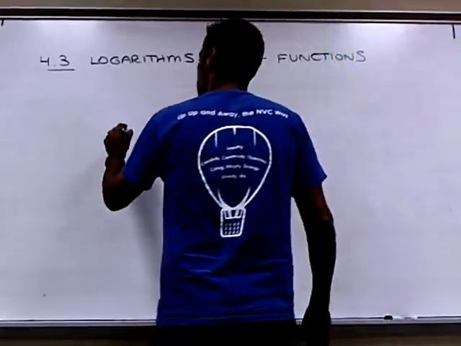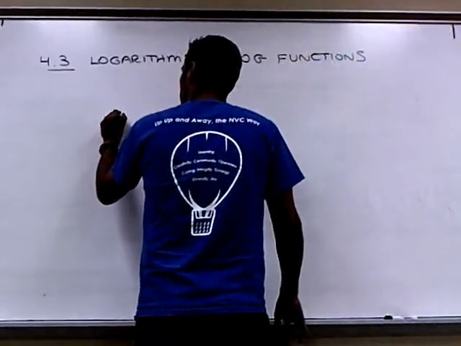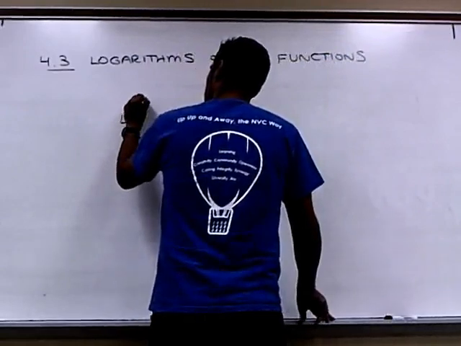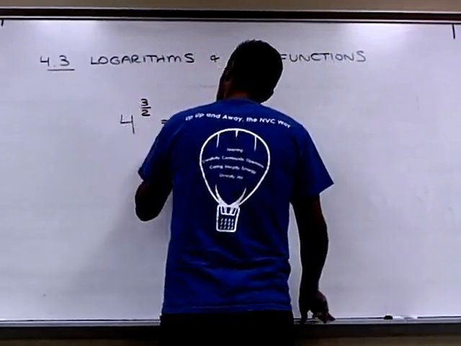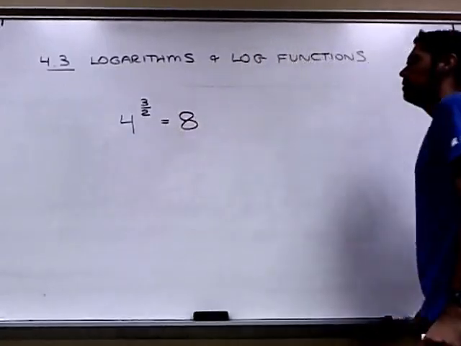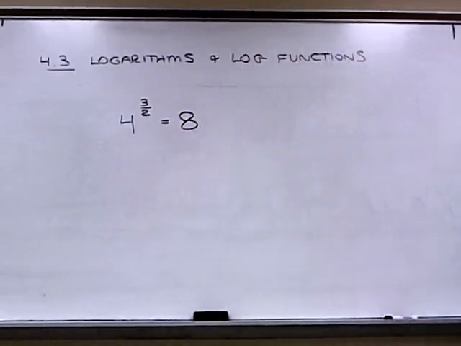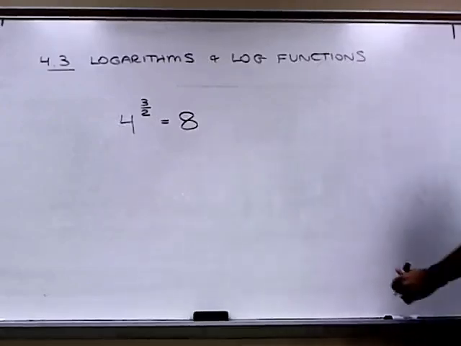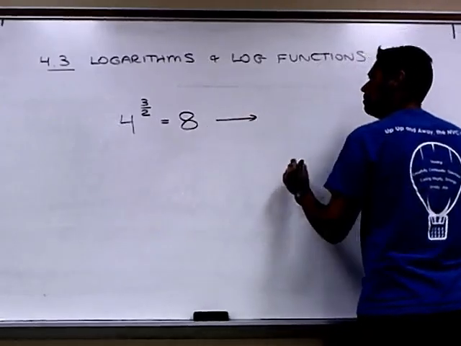How about 4 to the 3 halves equals 8. Write that in log form. That's an exponent form, right? Write it in log form. So I'll just do an arrow.